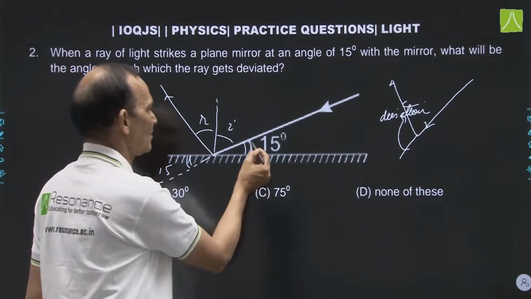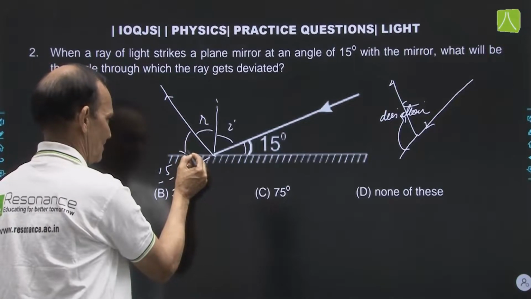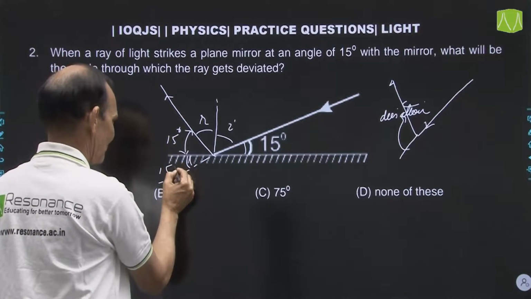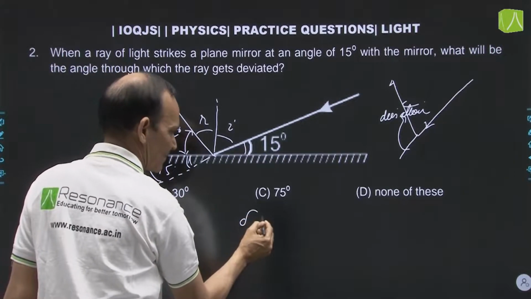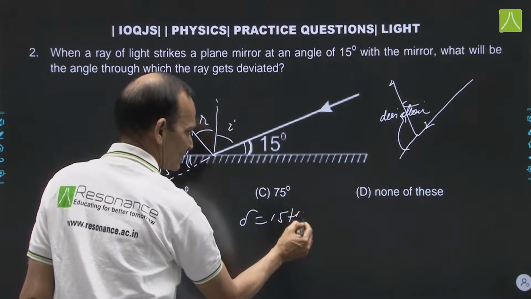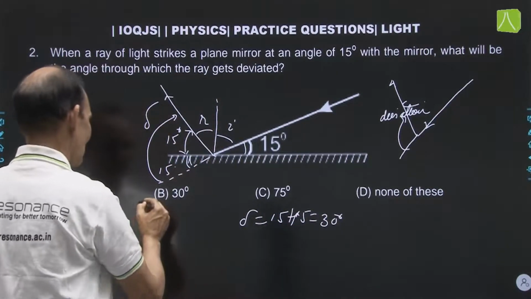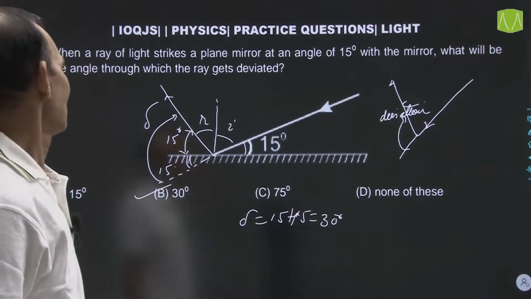It is the glance angle of incidence. It is the glance angle of reflection. They are equal. It is also 15 degree. So we have to find this angle, that is delta. So delta will be equal to 15 plus 15, that is how much? 30 degree is the answer. So the correct answer is B.